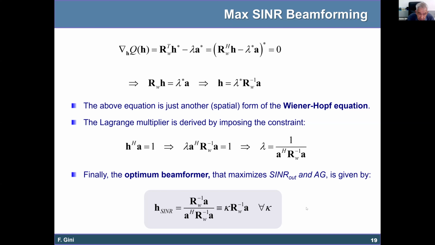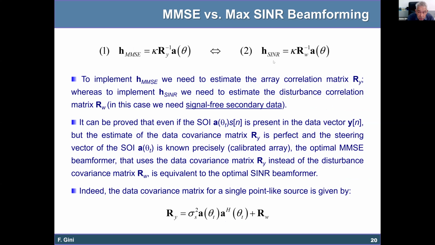And this solution, again, is not the matched filter, so it's not proportional to A because of the presence of this matrix. Now, if you compare the two solutions, they are slightly different. The optimal solution from the point of view of the minimization of the mean-square error is proportional to the inverse of the data covariance matrix times the array response calculated at the steering direction.